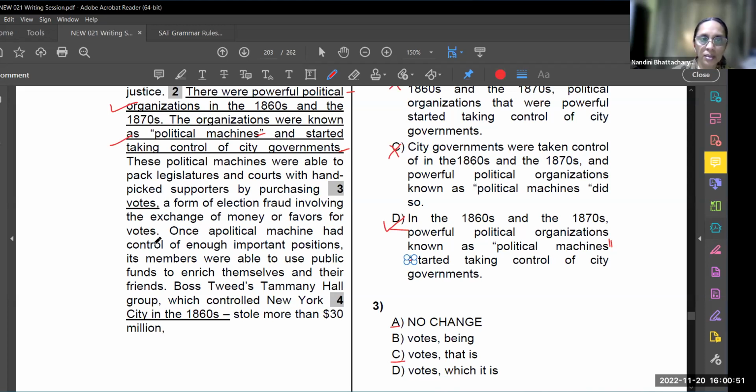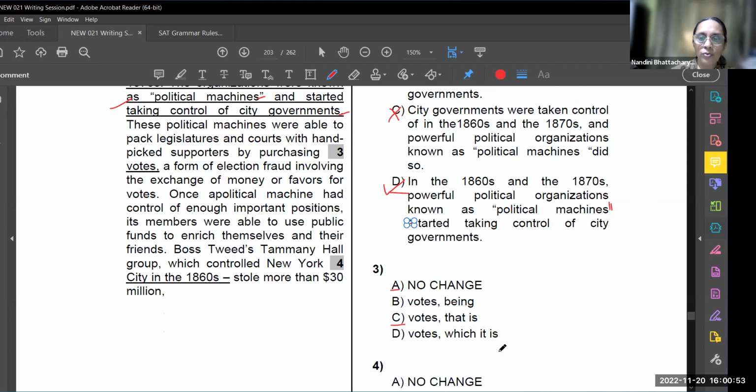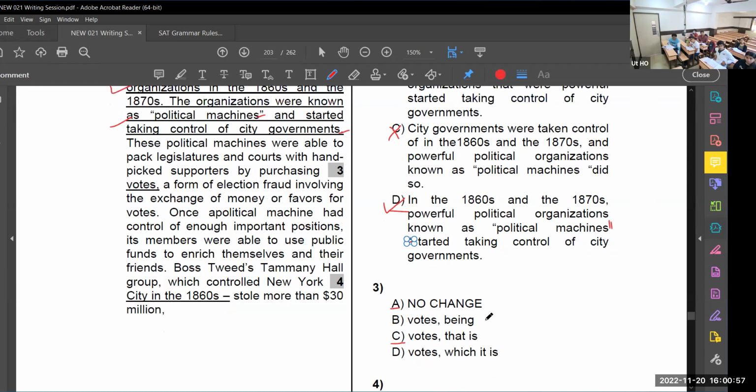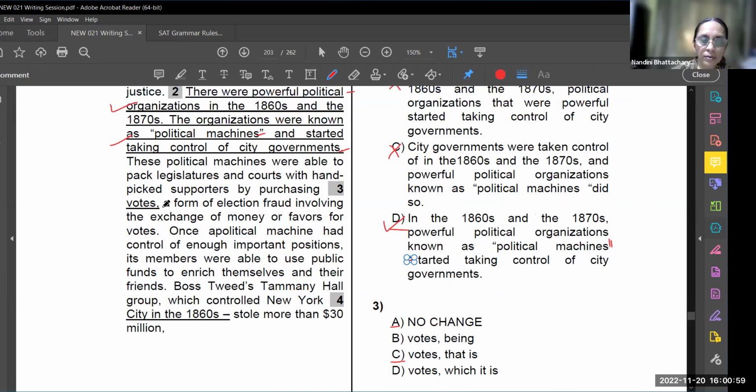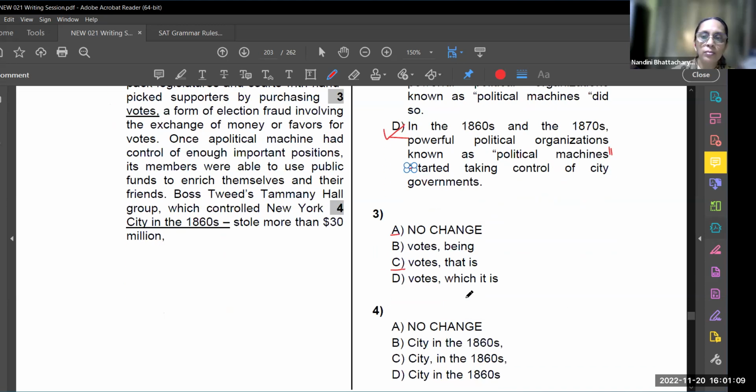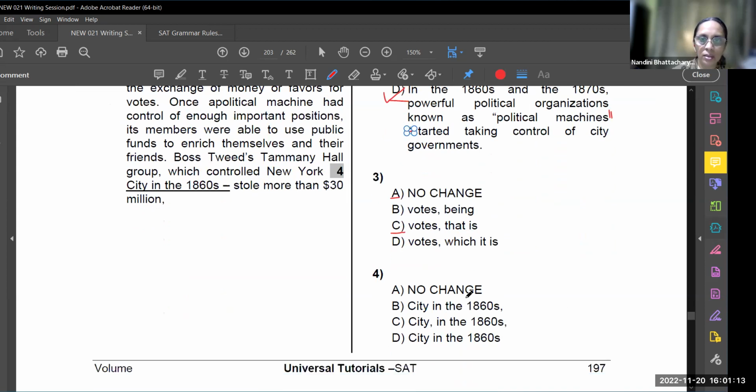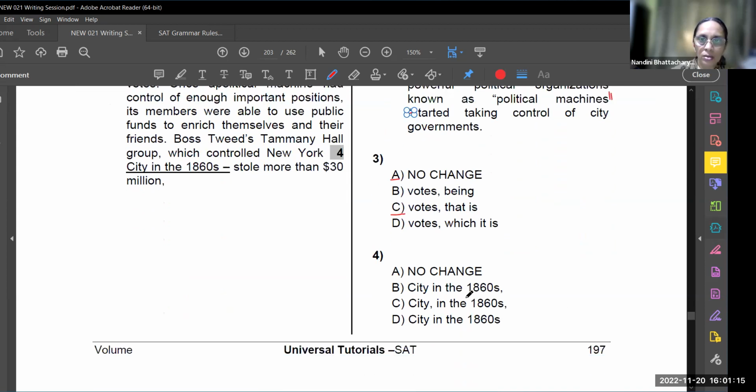So if the next part is an explanation, would we require that is? Right? So even if we add that is, it's not going to make much of a difference. Only the difference would be that it is adding words to and taking away from the concise statement that is already there. Okay, so here your answer is A.